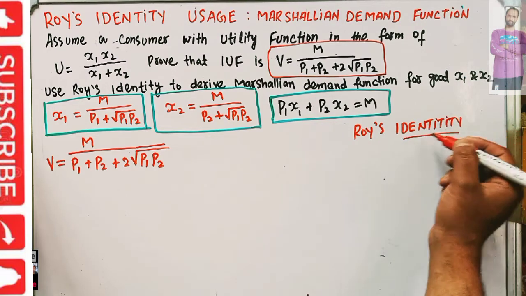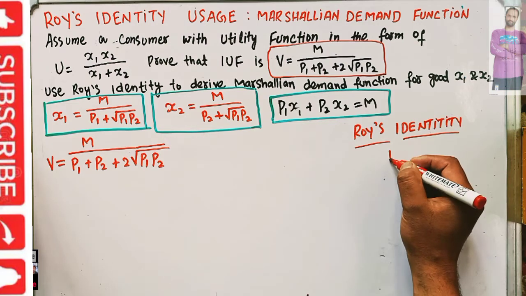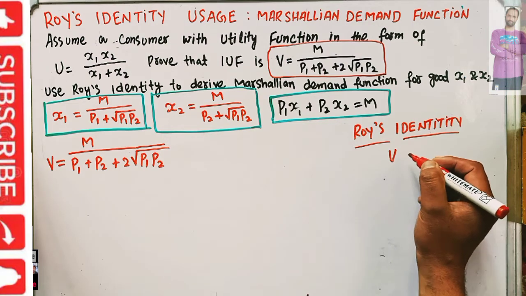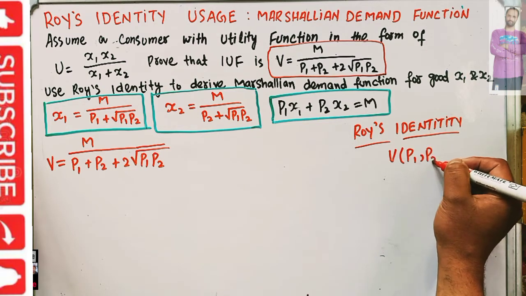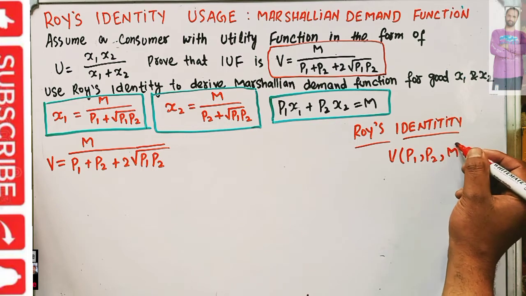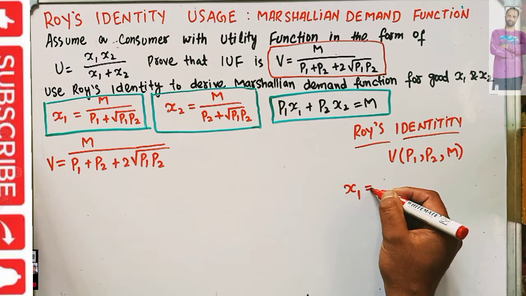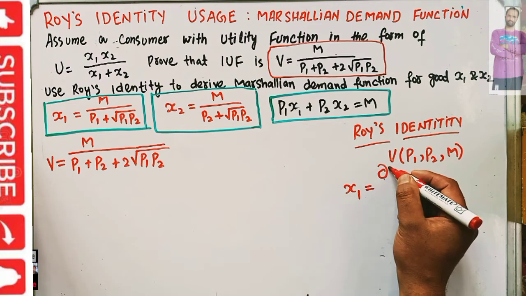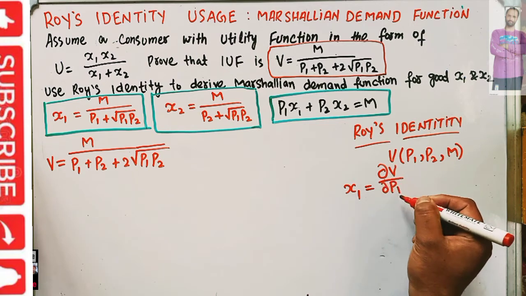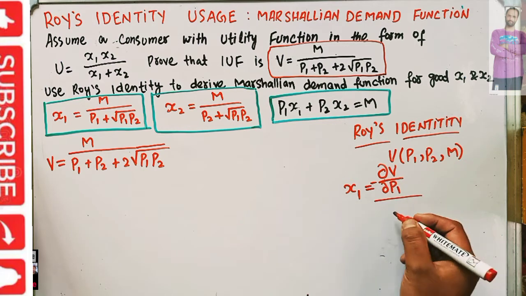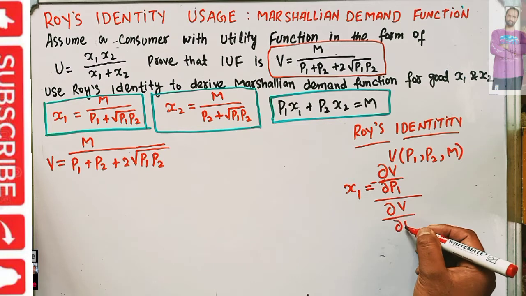Basically Roy's identity tells us that if we are being given the indirect utility function, which will be a function of p1, p2 and income, then the demand function for good x1 will be equal to minus the partial derivative of our indirect utility function with respect to p1, divided by the partial derivative of our indirect utility function with respect to income.